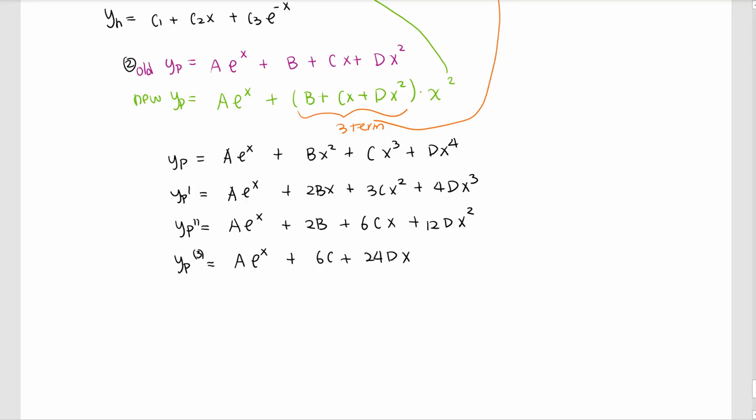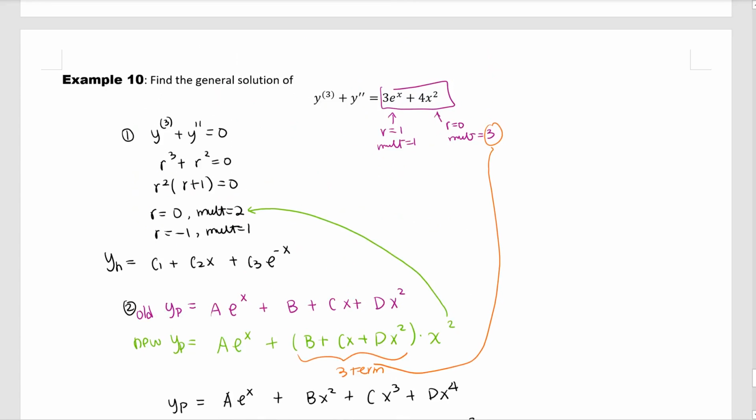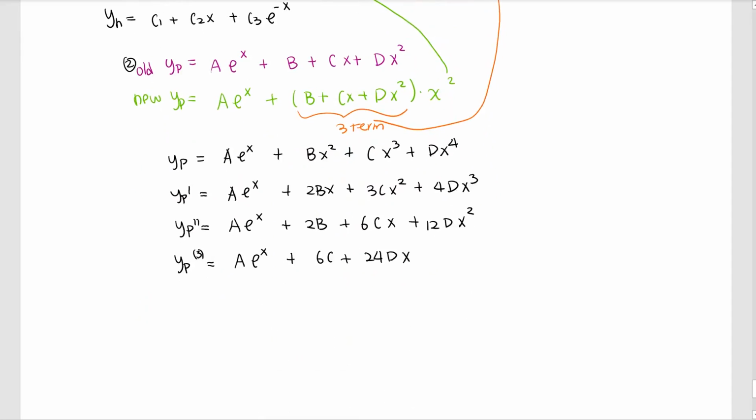Okay, so let's plug into our differential equation. So y triple prime plus y double prime. Sorry, this is the third derivative of y. So that's e to the x, 6c and 24dx, plus yp double prime, which is e to the x, 2b, 6c, and 12dx squared.